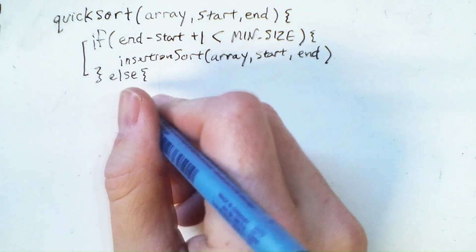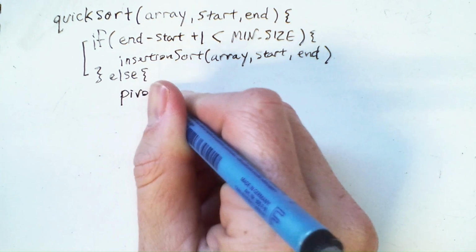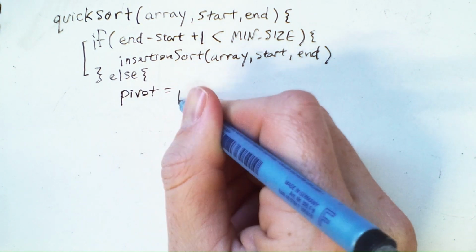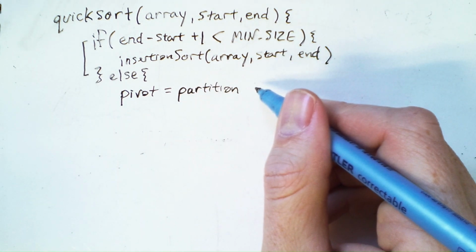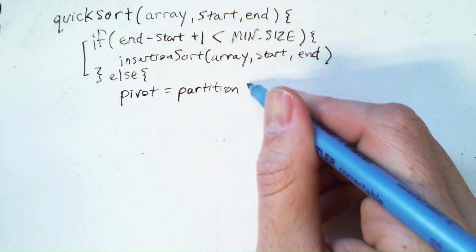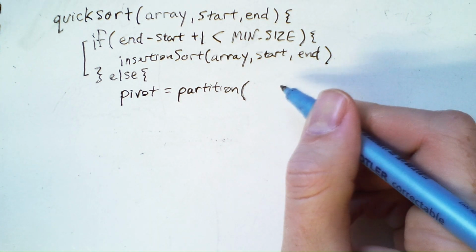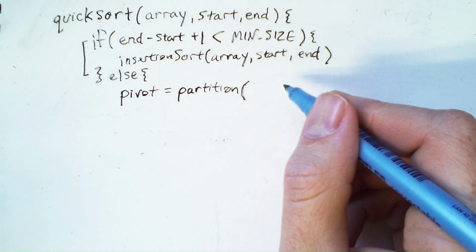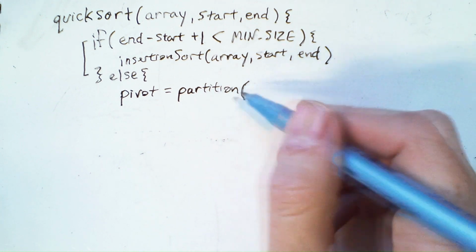So the implementation of Quicksort is going to assume that we have a helper method named partition that will split the elements up according to whatever the pivot is. So partition will both select the pivot and then partition the elements on either side of it. So a lot of work is happening here, and we will look at this in a moment.